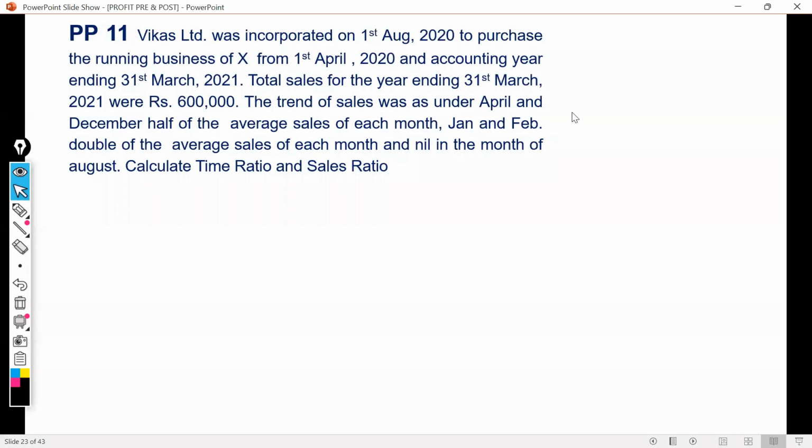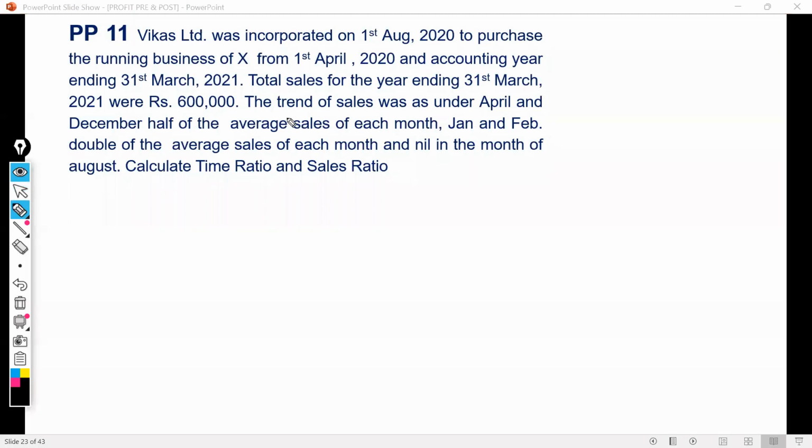Next problem is total sales in this year ending 31st March 6 lakh. In this question is also given the trend of sales: April and December half of the average sales.